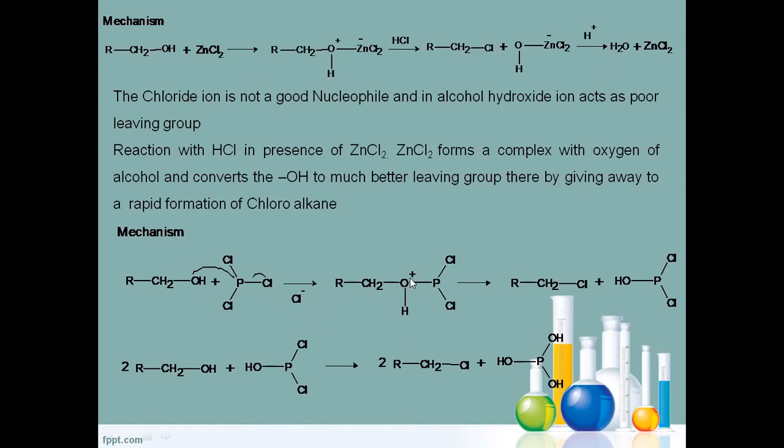Here the oxygen is unstable, so it takes the electron from the carbon and converts to OHPCl, and this chloride reacts with the carbocation and forms the alkyl halide. Here another two chlorines are there, so again 2 moles of alcohol react to form alkyl halide, and the 2 chlorines are replaced by hydroxy groups. The same reaction proceeds with another 2 moles of alcohol, and then we get the product like this.